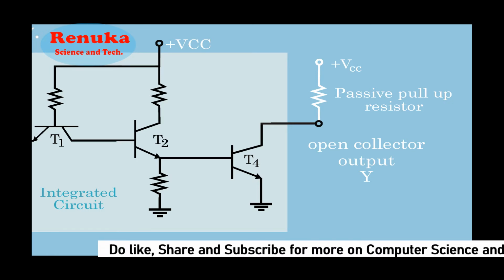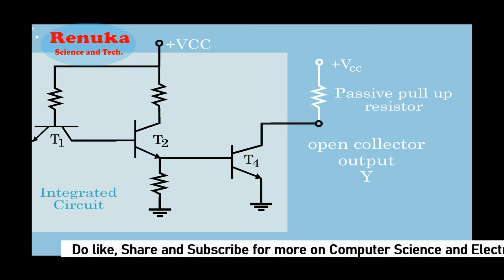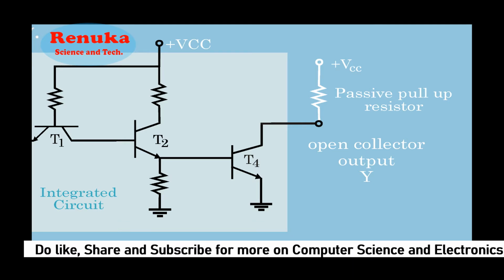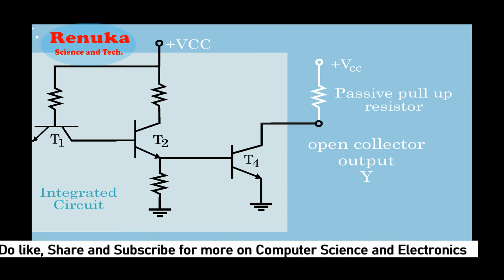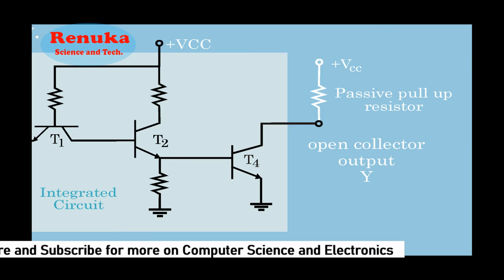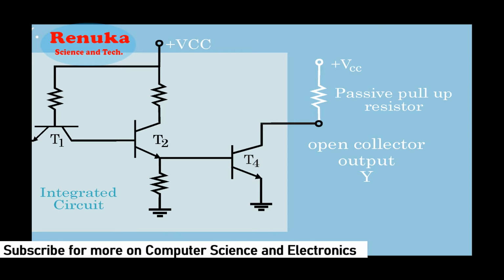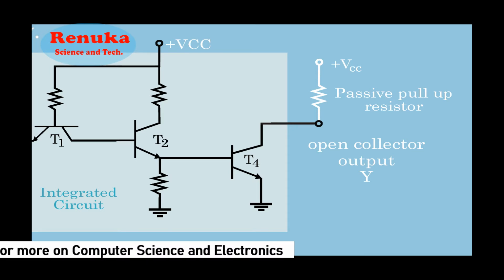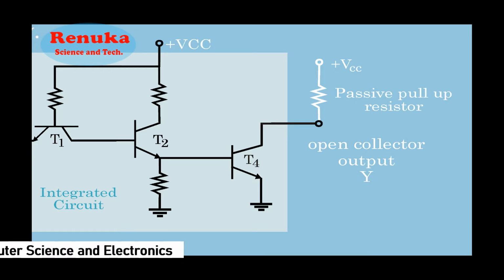If the upper transistor T3 is removed, and only the collector of transistor T4 is taken for the output, then such an output is called an open collector output. Nothing is connected to the collector, so the collector is open, which is why it is called open collector.